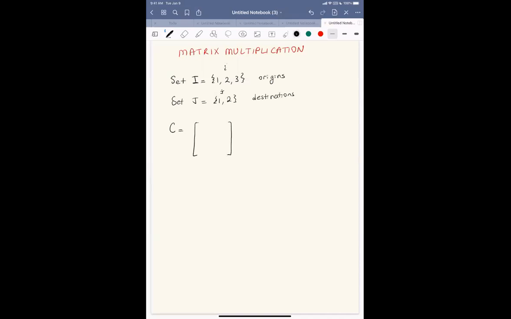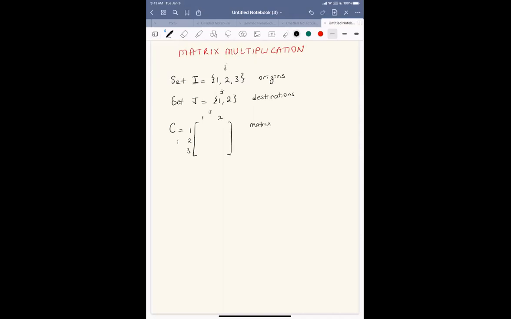The rows will be I and the columns will be J, so it will have 3 rows and 2 columns.